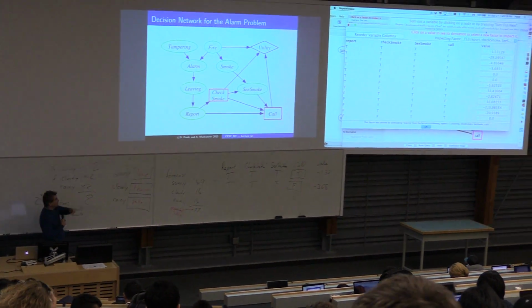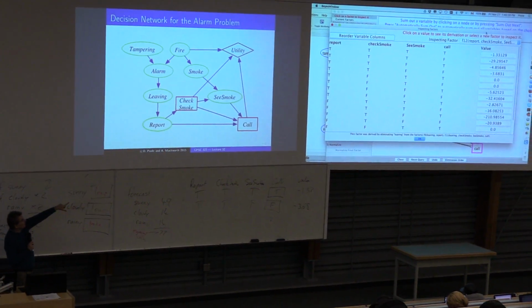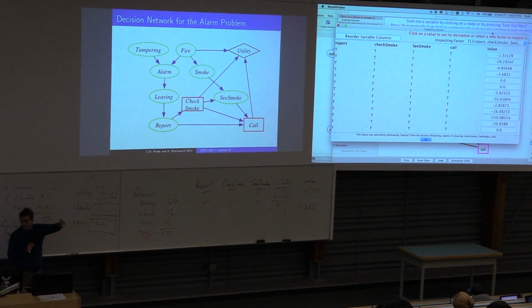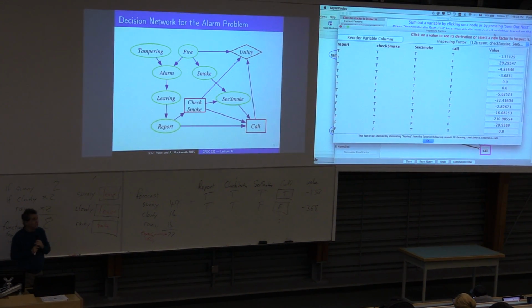The reason we can't optimize check smoke is that when we're going to check for smoke, we don't know the result of see smoke. So we can't optimize differently when see smoke is true and false, because we don't have that information. We can optimize call because when we call, we know the value of report and the value of check smoke.